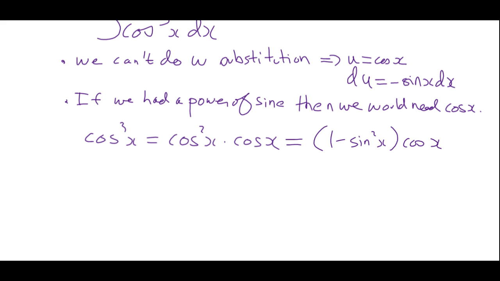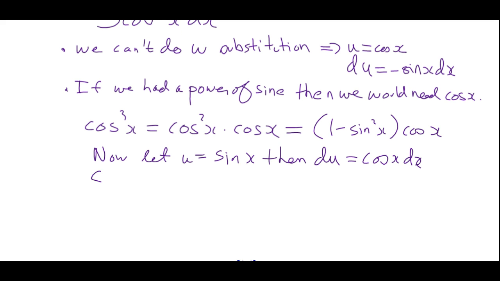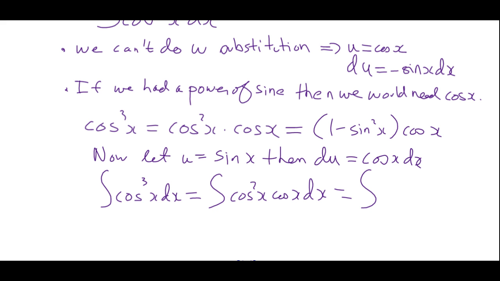So let's do that. Let u equal sine x, then du is cos x dx. So if we go back to the integral of cos cubed x dx, which is equal to the integral of cos squared x cos x dx, which is equal to the integral of 1 minus sine squared x times cos x dx.